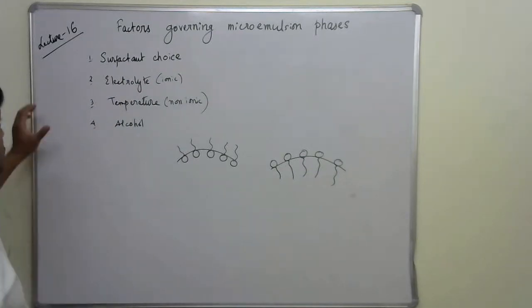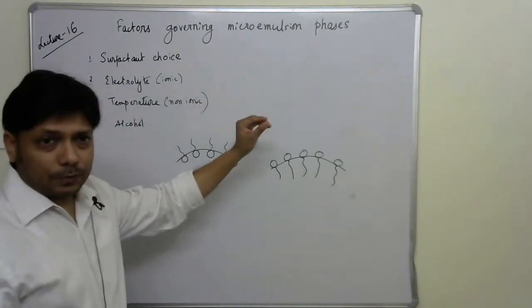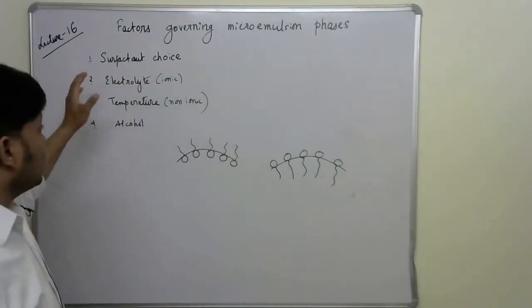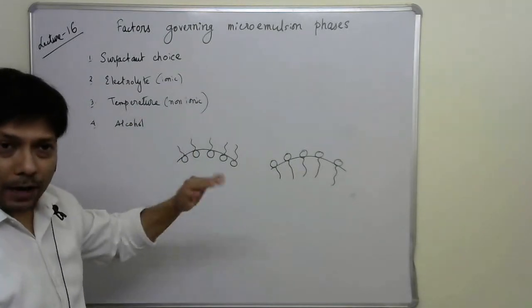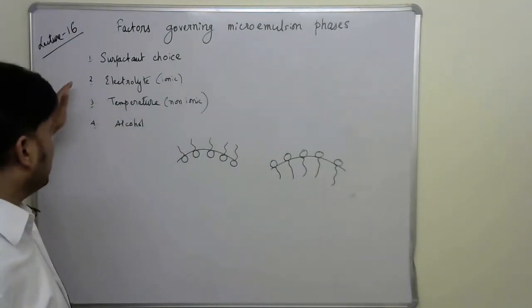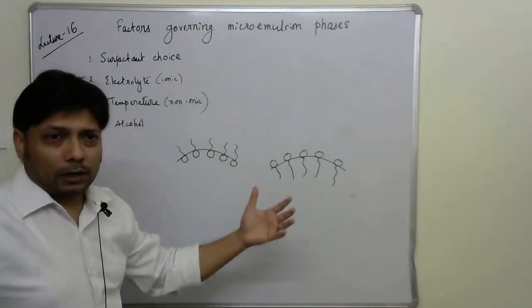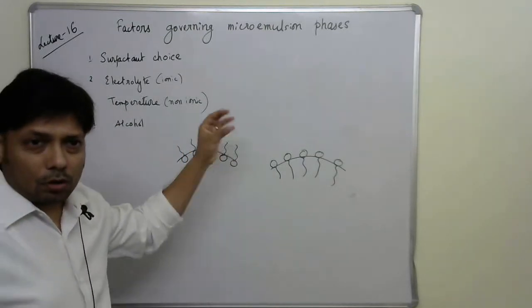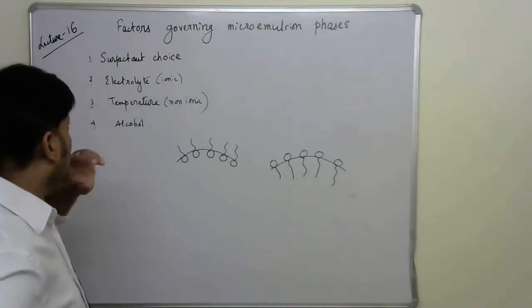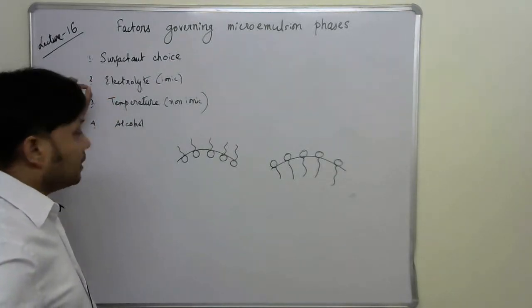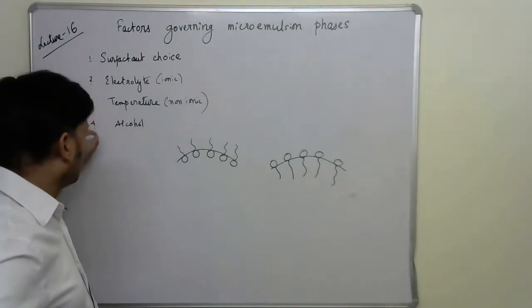As you can remember, last time we discussed that there are four major factors that dictate the microemulsion phases. That means whether it would be an oil in water microemulsion or a water in oil microemulsion: surfactant choice, electrolytes, temperature, and alcohol.